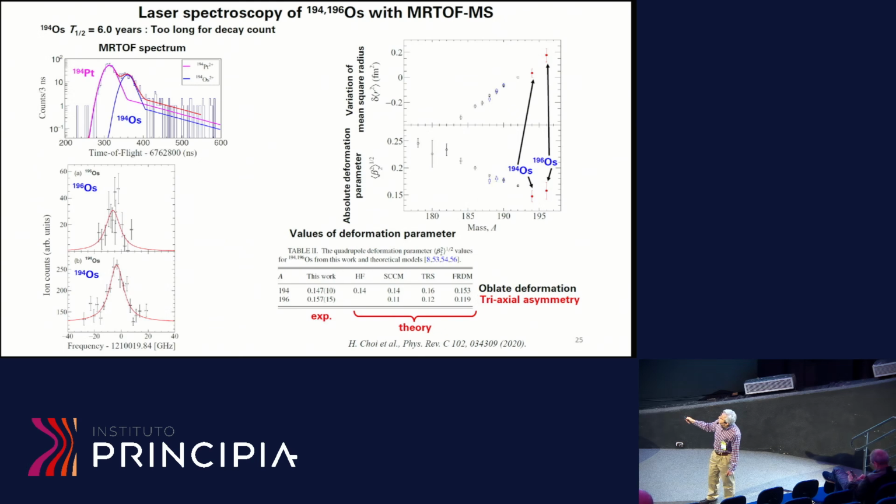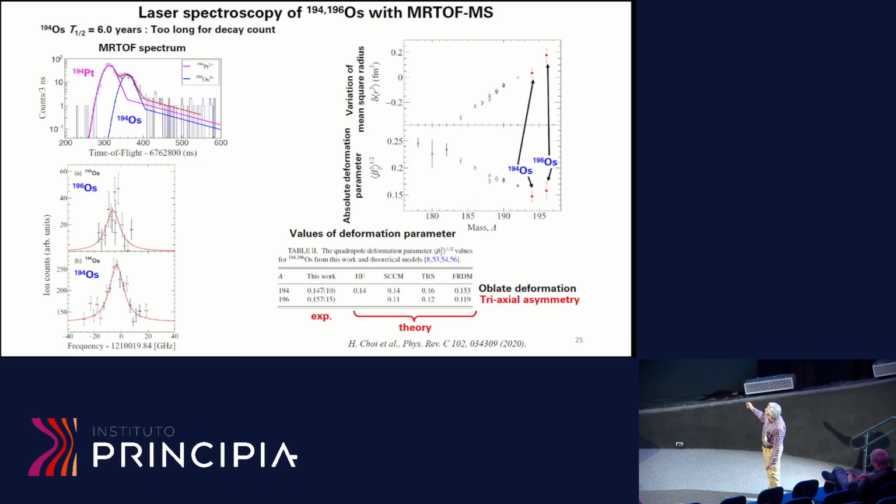So by counting the osmium ions and changing the laser wavelengths, we could get the hyperfine structure of osmium-196 and 194, and deduce the variation of the mean square radius for the osmium isotopic chains. And assuming nuclear models, we could deduce the absolute deformation parameters for them.